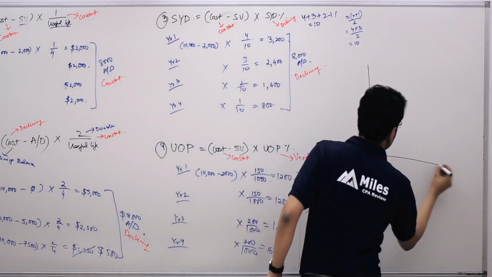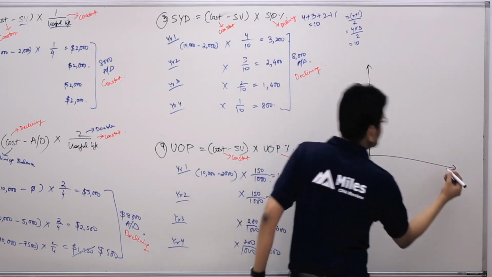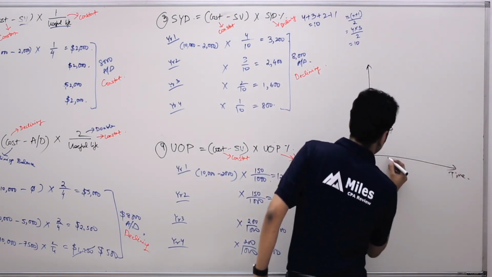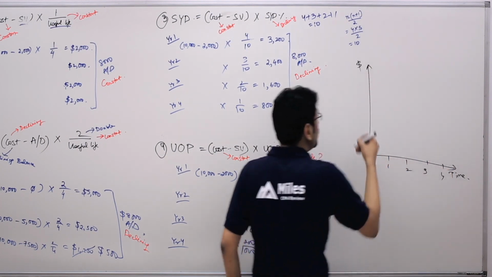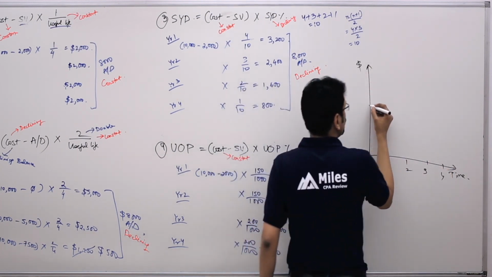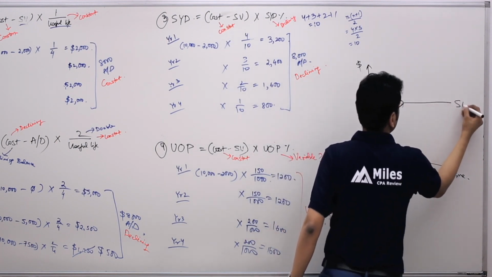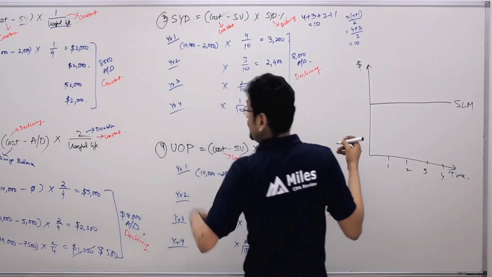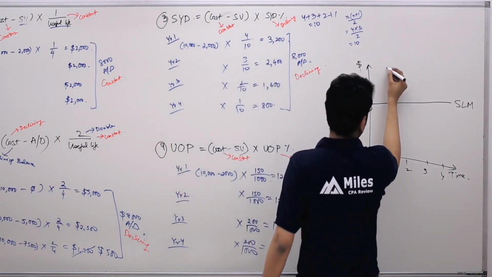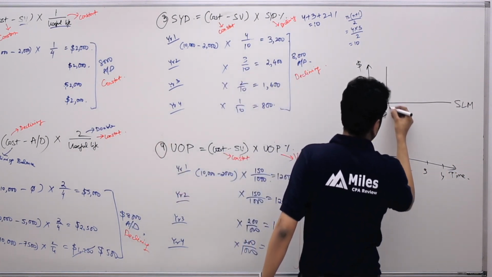So if I can draw a chart where this is time, so you have year 1, year 2, year 3, year 4, and this is dollar depreciation. If you're looking at the straight line method, it goes something like this. If you're looking at the declining balance method, so let's say the double declining balance method, this goes something like this.